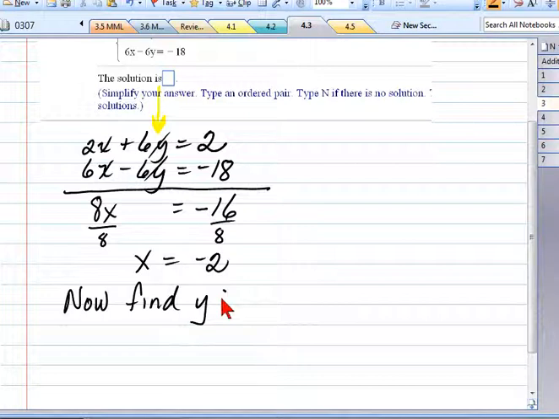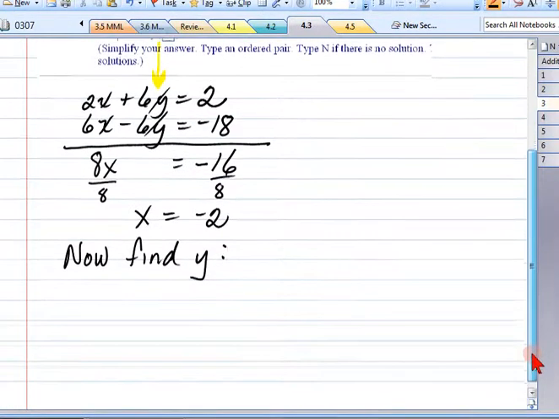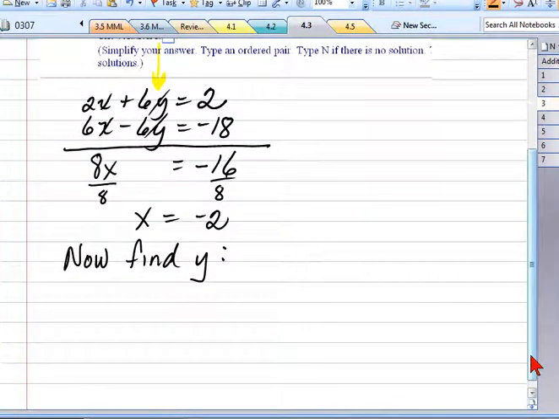If it's frustrating you deciding which one to pick, well then just always pick the first one. That's not necessarily great advice because it might not be the easiest way, but it will work every time.